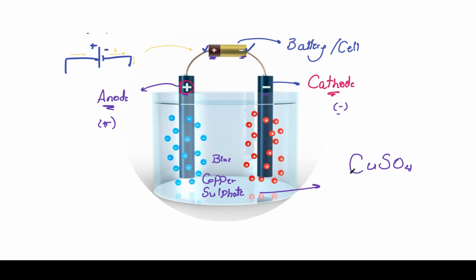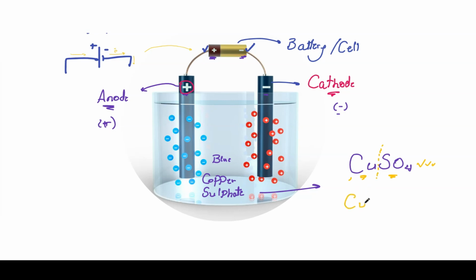Copper sulfate is a chemical compound made from the metal copper and the sulfate group. This compound is pretty stable, but when it's under the condition of electricity between the two terminals, it has to divide.